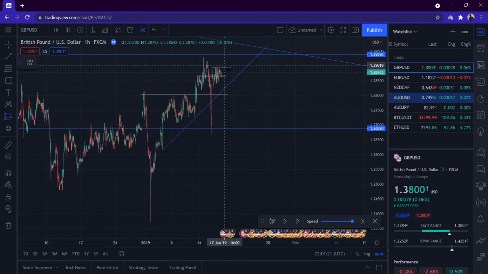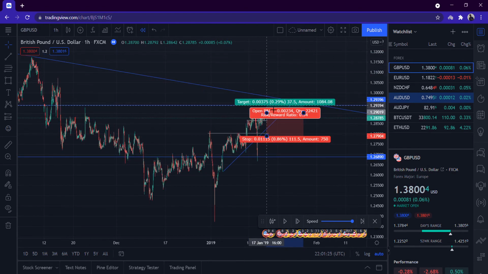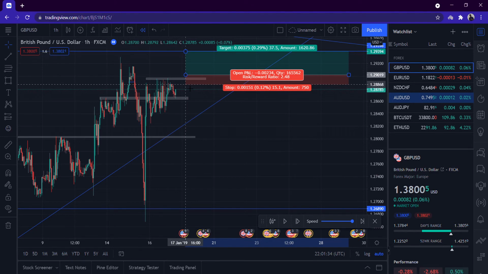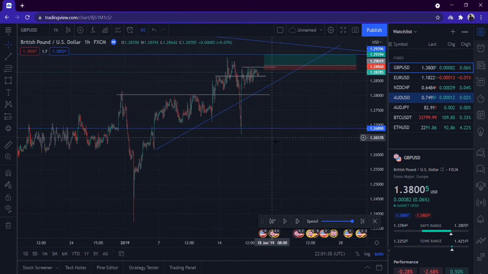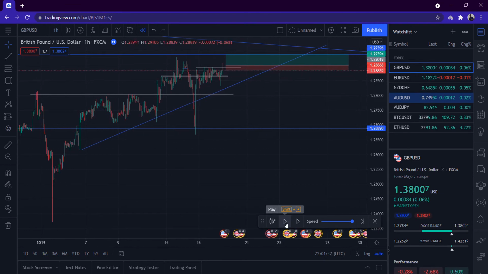I'm looking to place a buy stop. Not 100, I'm willing to get 37 pips. My stop loss is going to be below structure. Yep, this is more of a two risk reward trade. So let's see how it plays out.